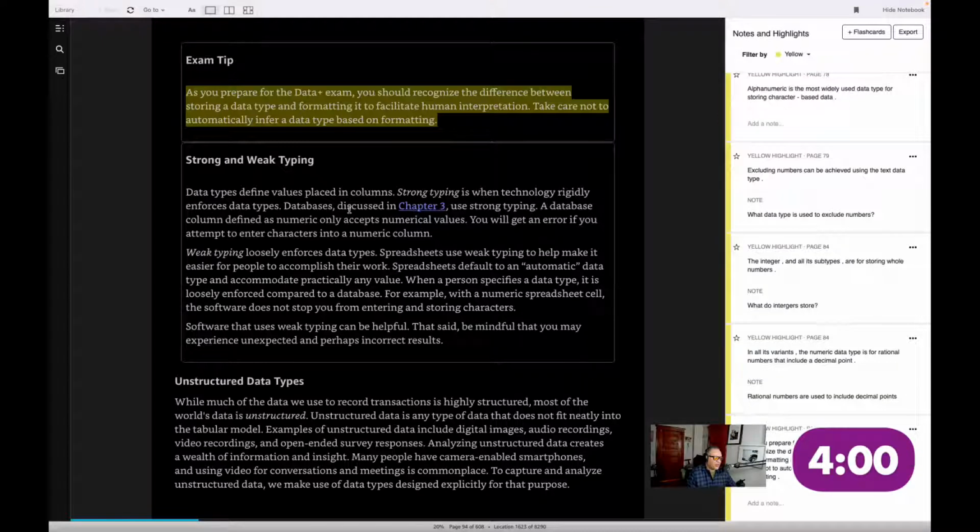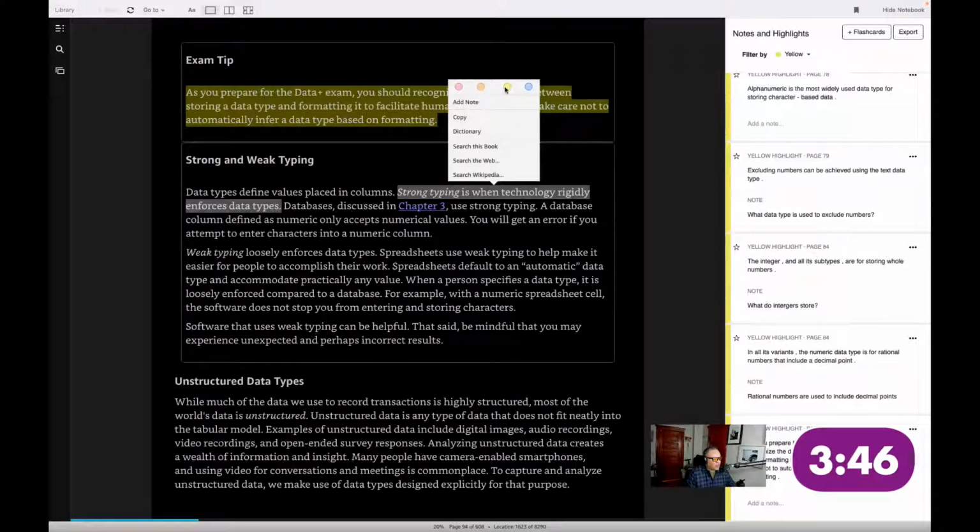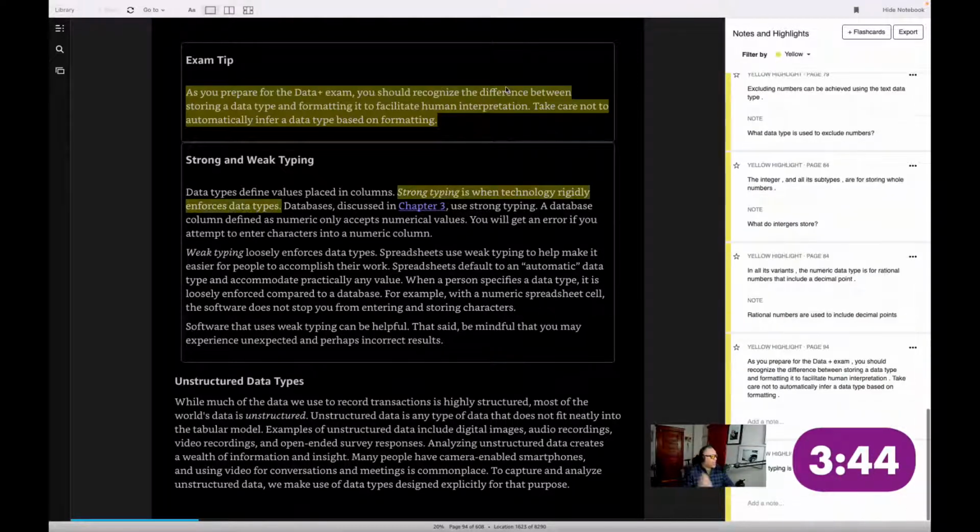Data type defines values placed in columns. He always does these words almost like a glossary. Strong typing is when technology rigidly enforces the data type. So the cross to that would be, what is weak typing, which is when they loosely enforce data types.